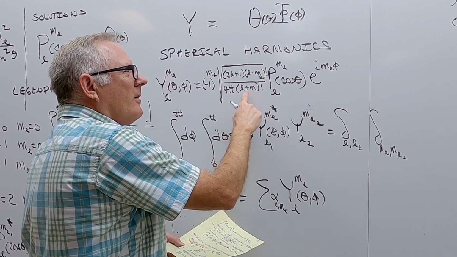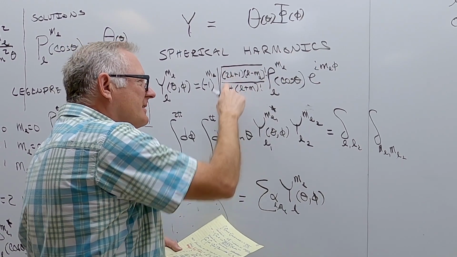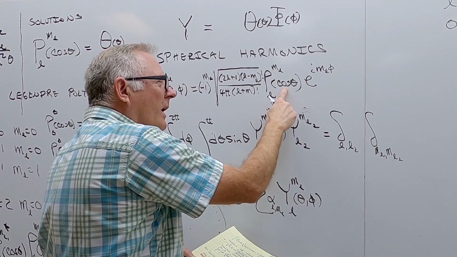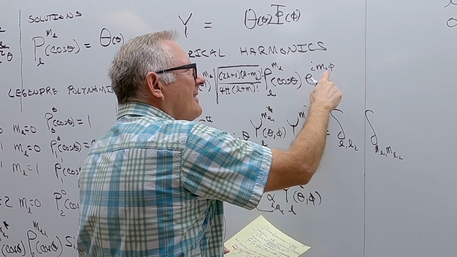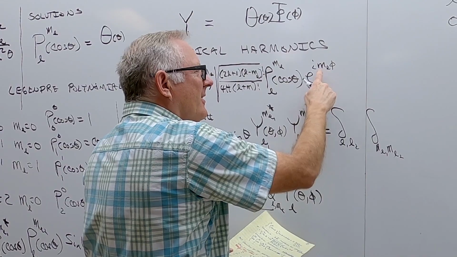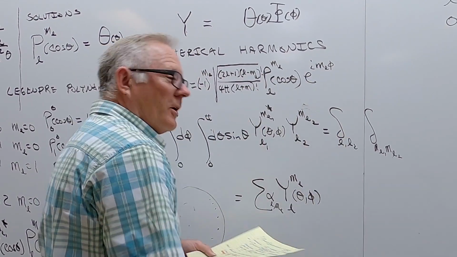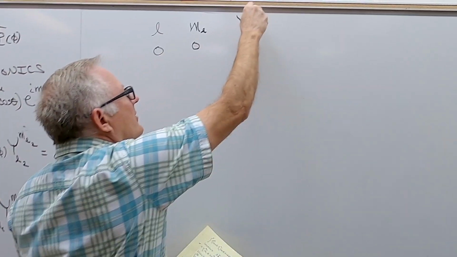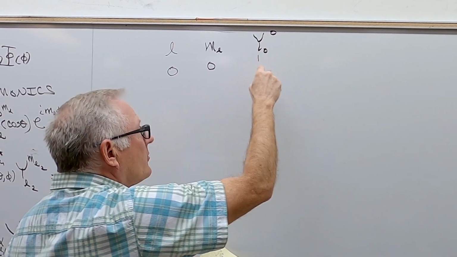And here you got 0 plus 0 factorial is 1. So you just got 1 over the square root of 4 pi. And we said that first one was 1. So everything is just 1 over the square root of 4 pi. So this Y sub 0,0 is just 1 over the square root of 4 pi.